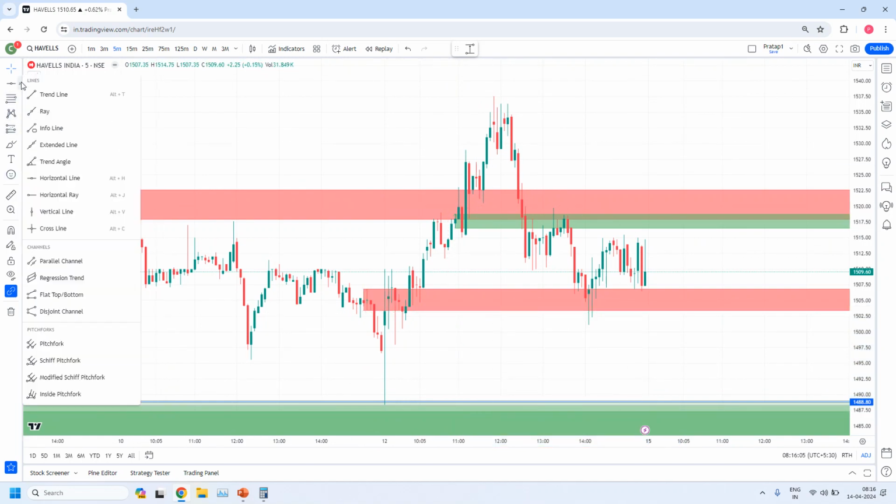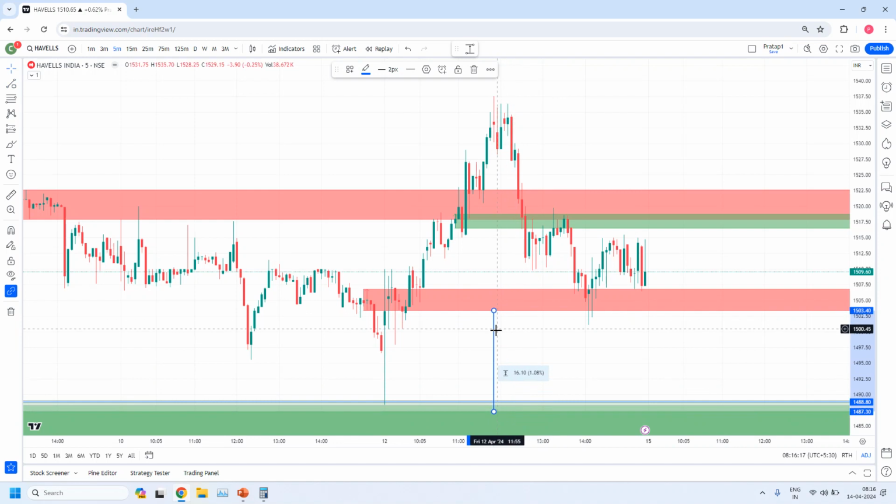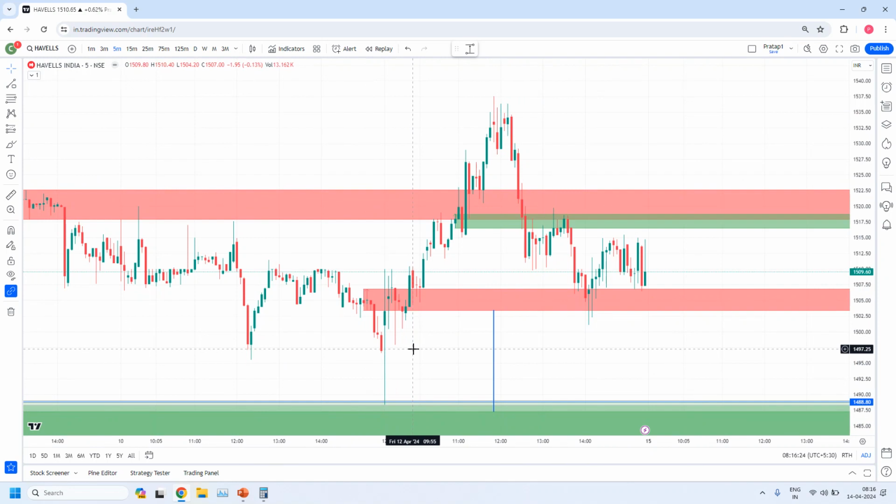If it is your info line, using the info line, we will see how much difference we are getting. See, this could have been your profit. Around 16 rupees could have been your profit, if you are planning 5 minutes demand zone to 5 minutes supply zone.